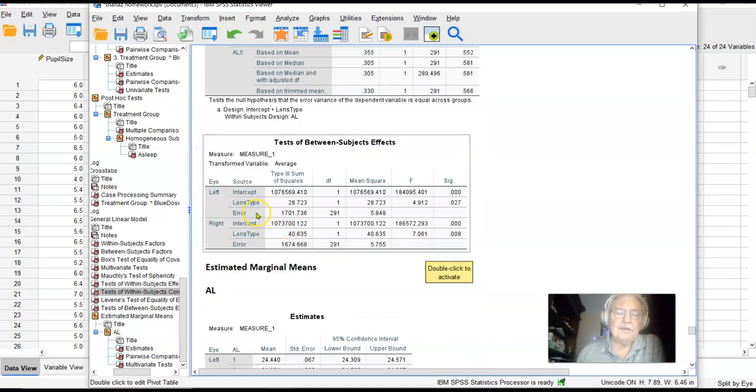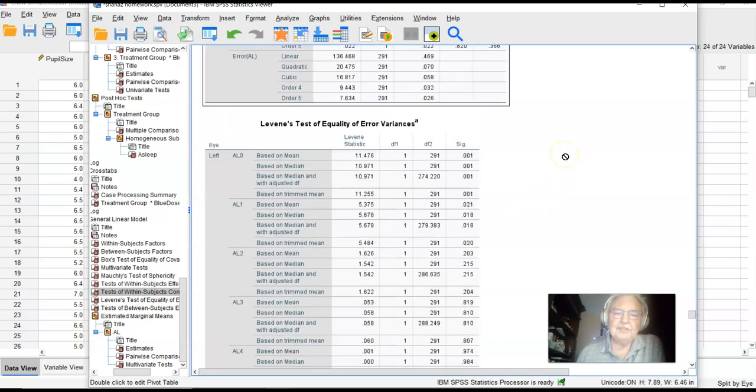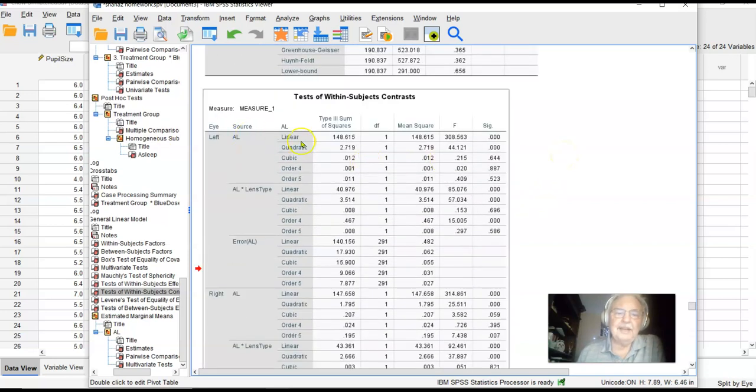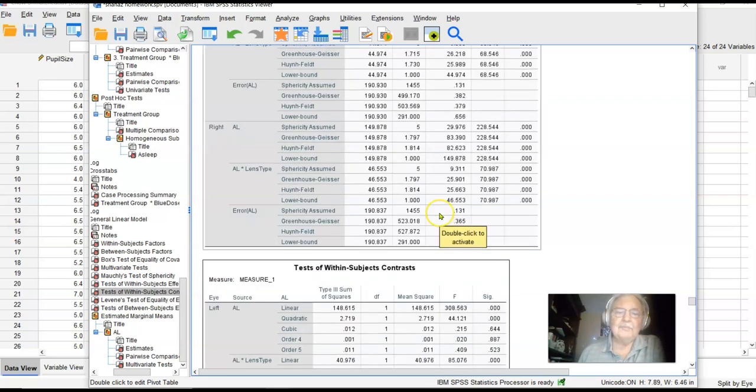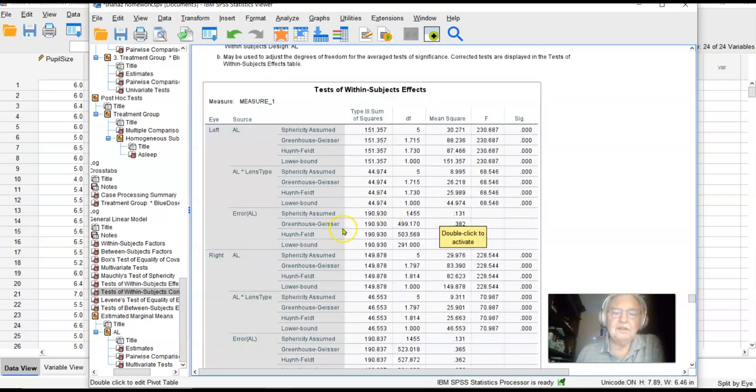Here's our test. Up in the within subjects, we included axial length, and the within-subject axial length by between-subject lens type. They all use the mean square error term.